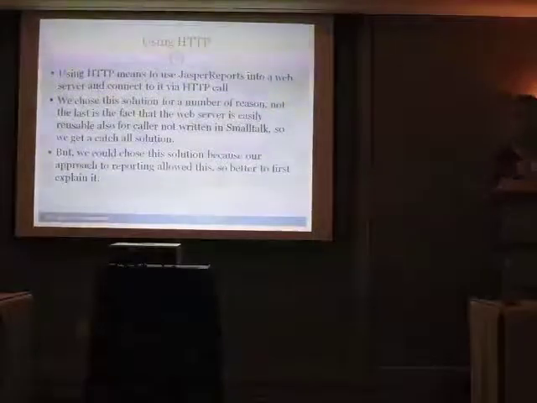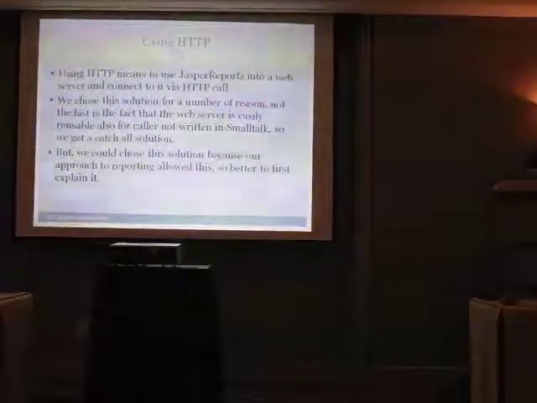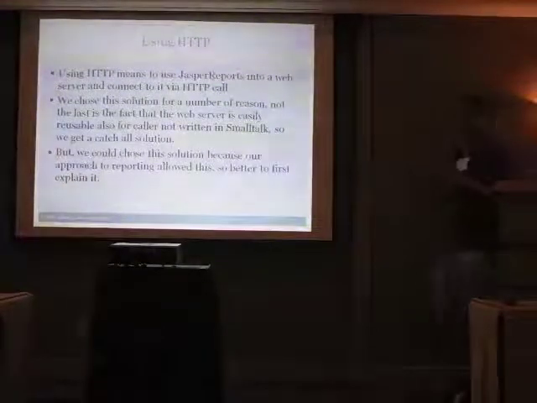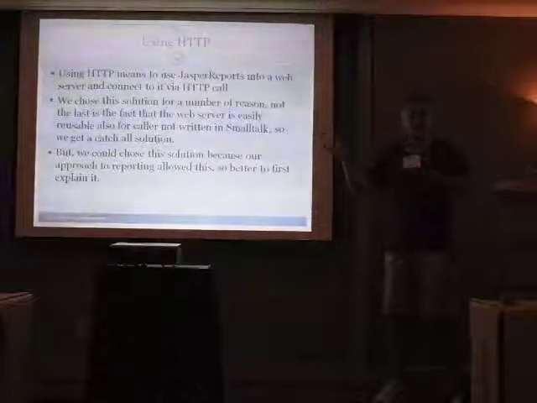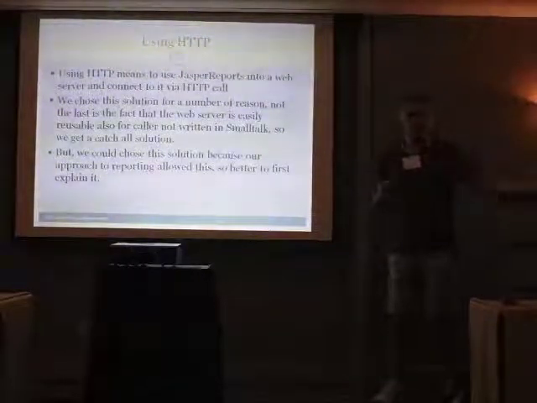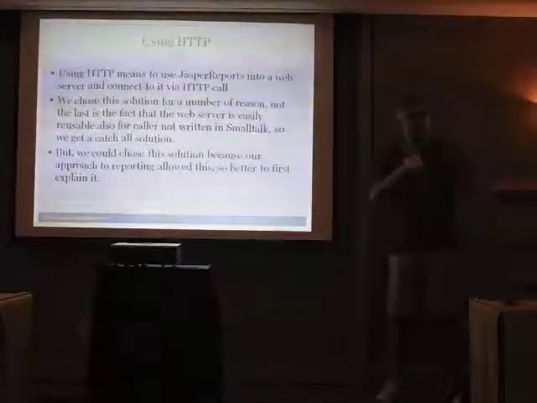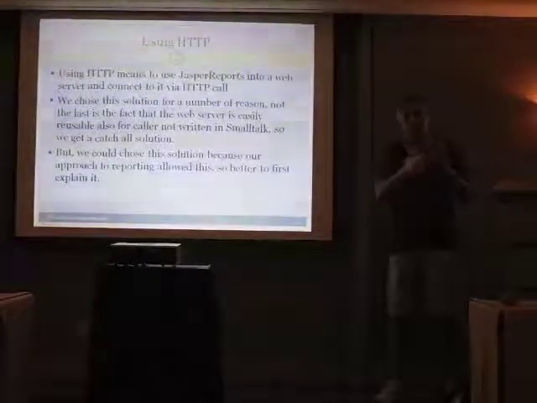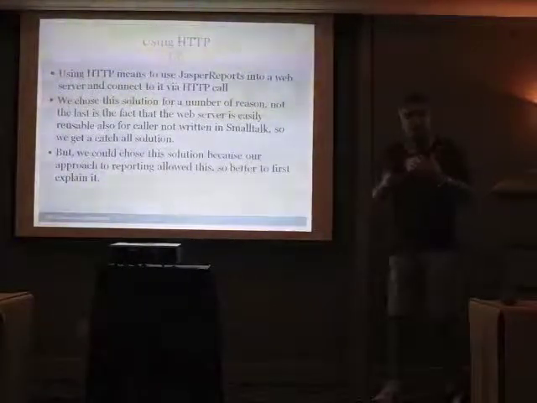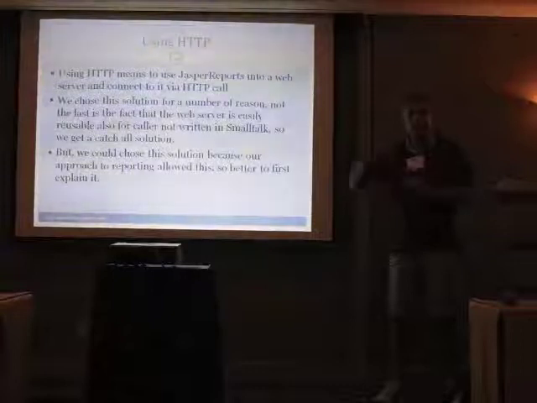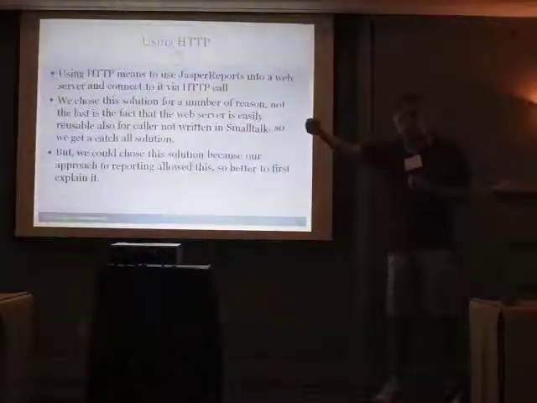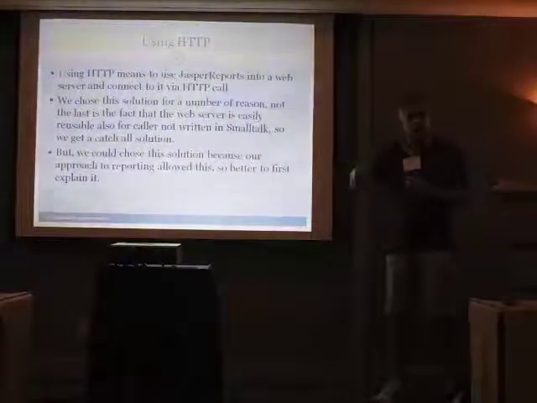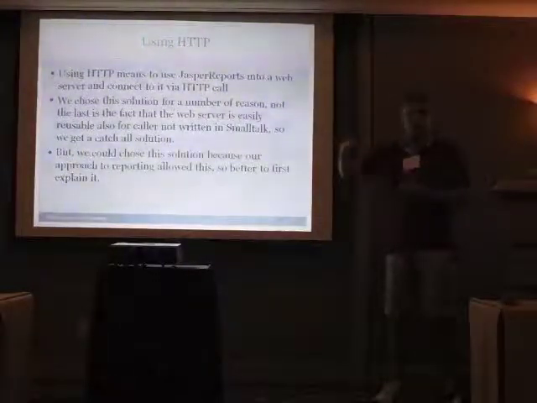The first thing is we have a relational database behind, and the relational database is the only connection between the Java world and the Smalltalk world. So what happens? Our application generates some data on the database, sends the minimum information to the report engine, and the report engine, working on the same tables, can extract data and generate the report.